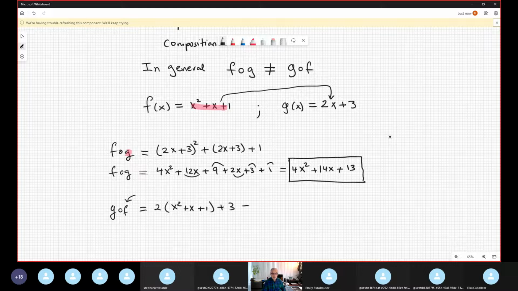Do you understand the thing I am doing or no? Okay, now, well, leave it like that. No. At least remove the parenthesis: 2x squared plus 2x plus 2 plus 3, which gives 5. And the answer is 2x squared plus 2x plus 5. It's a composition.